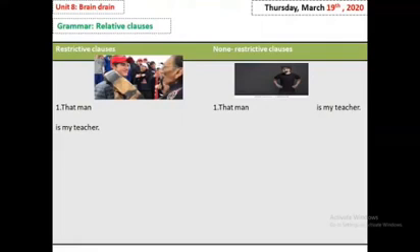It's not a sentence. A sentence has a complete meaning, so it stands by itself. But a clause cannot stand by itself. It needs another clause to complement its meaning. Then we have two categories of relative clauses: non-restrictive clauses and restrictive clauses.